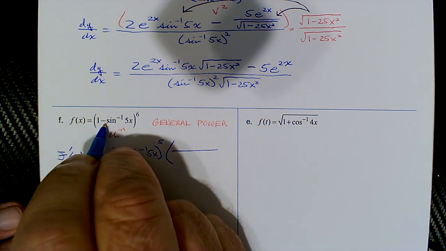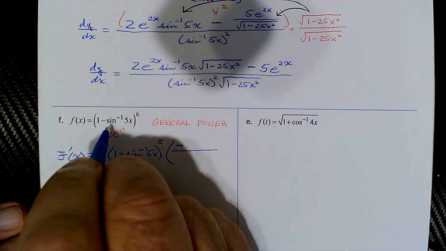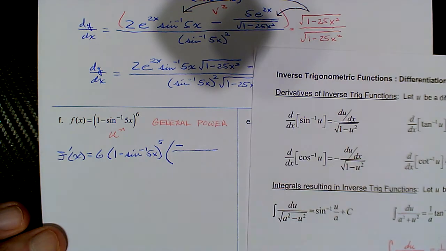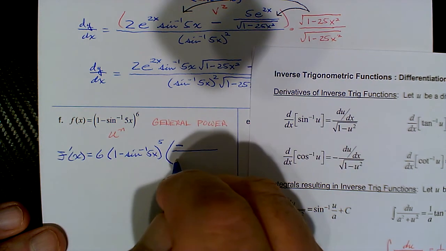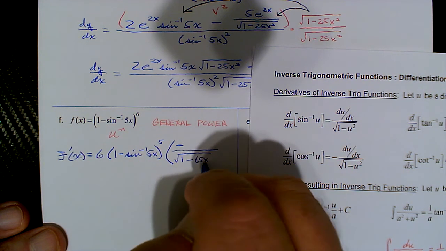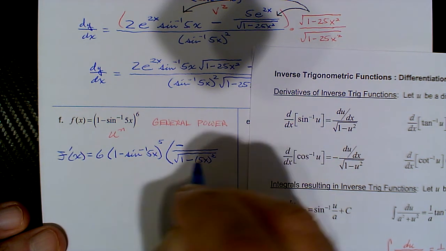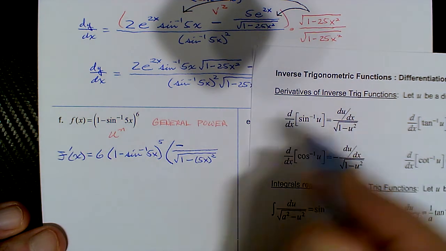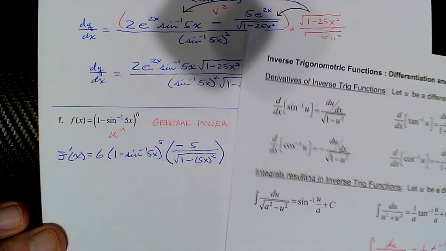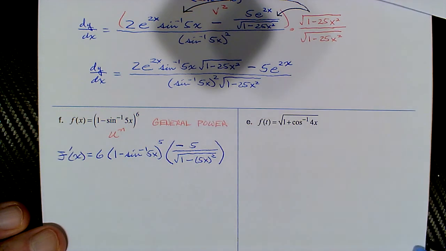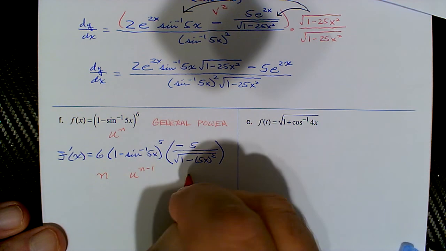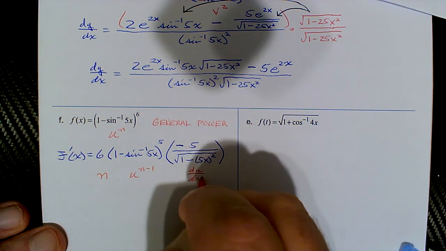And the derivative of the inside, term by term. Derivative of 1 is 0. Okay, let me not forget that negative. And then the derivative of the inverse sine of 5x. Again, your formula sheet. Square root of 1 minus u squared in the denominator. So square root of 1 minus u is the 5x. Needs to be squared. And in the numerator, the derivative of that argument, 5x, which is 5. So, with respect to the general power rule, there's nu to the n minus 1 and du dx.